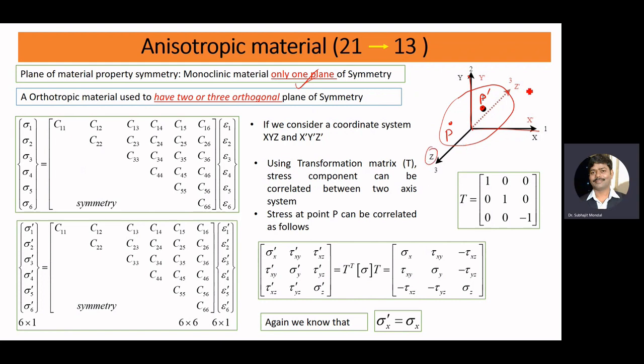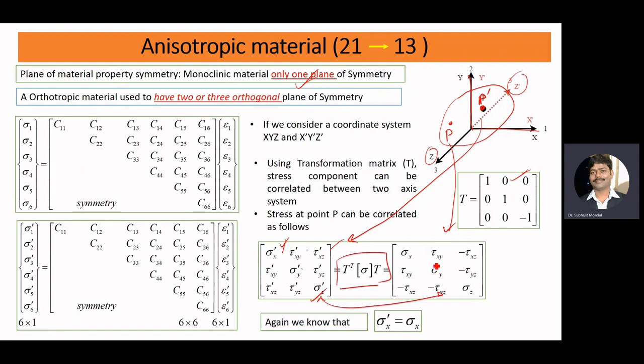So this side is Z and this side is Z dash. Here we have point P and here we have point P dash. Now we can observe the stress components at P dash and at P, and we can correlate the stress components at P dash and P using this transformation matrix.